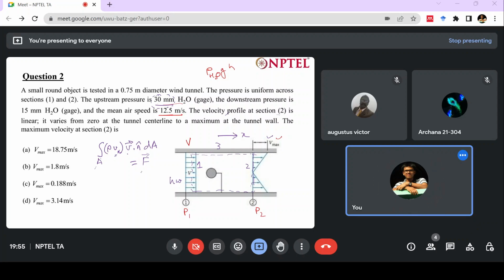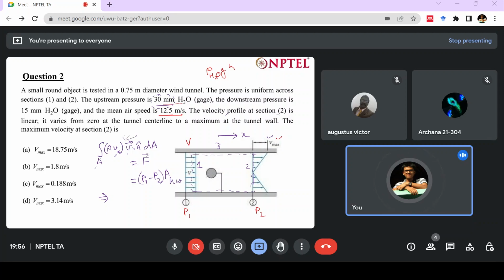And for force, we can simply take the force along x, so p1 minus p2 into the area. Using this, we can calculate our Vmax. So here the Vmax expression will be there.